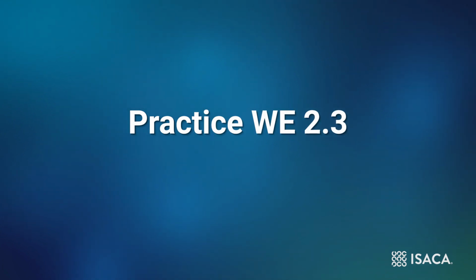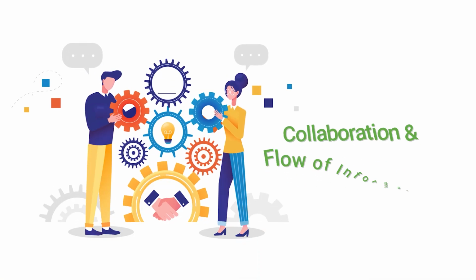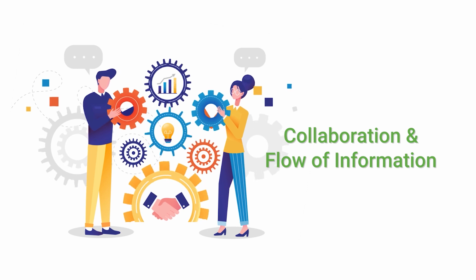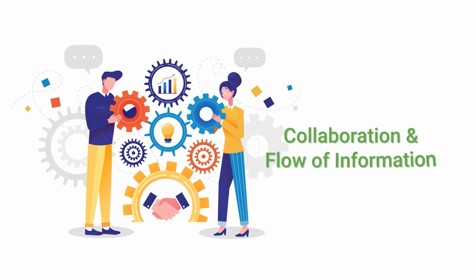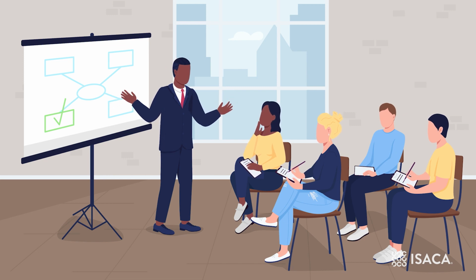Practice 2.3 in workforce empowerment considers the most important aspects of the environment in which work groups operate. In the modern workplace, appropriate collaboration and flow of information is important to enable individuals and work groups to prioritize actions and work effectively together. Without good communication and coordination, misunderstandings may develop, which could lead to many inefficiencies.